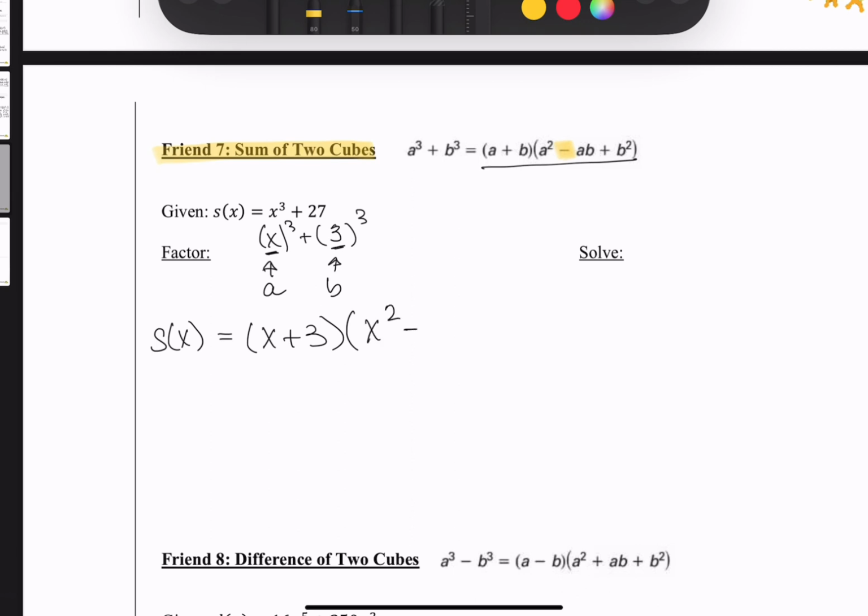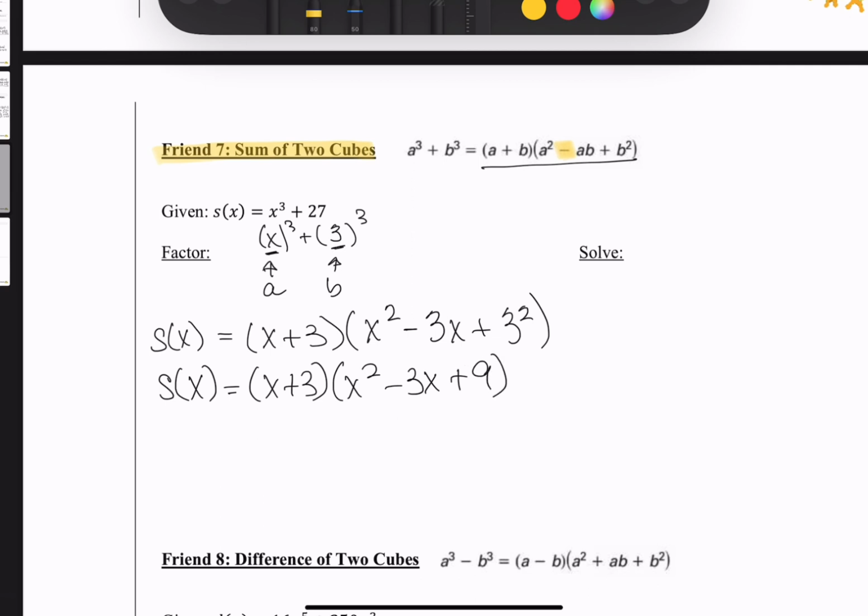You subtract. Now you take both cube roots, so my x and my 3, or my a and my b, you multiply those together, 3x. And then you add to that the cube root of the last term, or 3, or b, and you square that. Okay, so completely simplified, you'll have x plus 3 times x squared minus 3x plus 9.